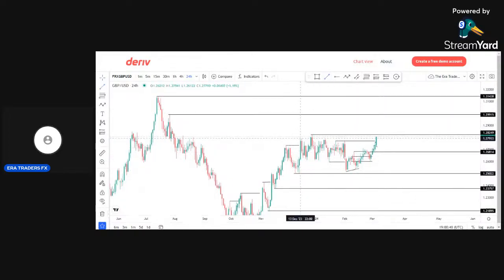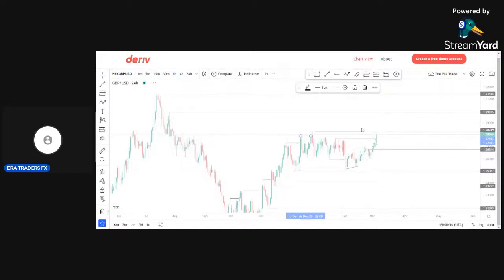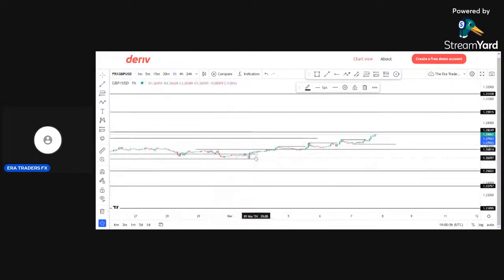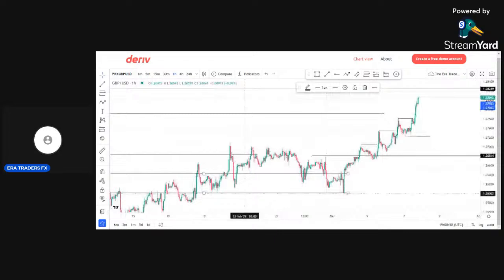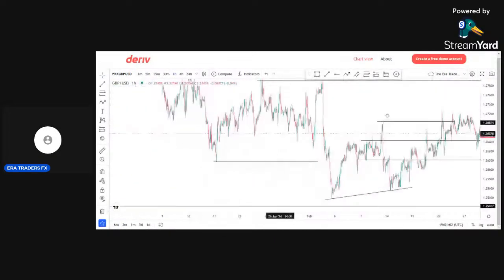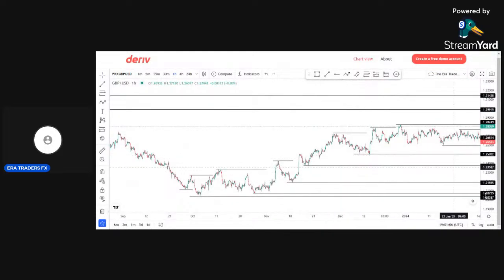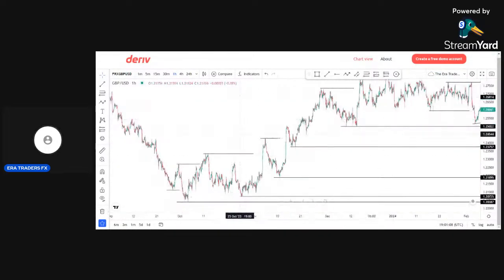Let me show you guys on the 1 hour external range liquidity. It will still be the same on the 1 hour, because the external range liquidity will still be the same. You see how price will trade into those levels. You can see old highs, old lows, old highs.